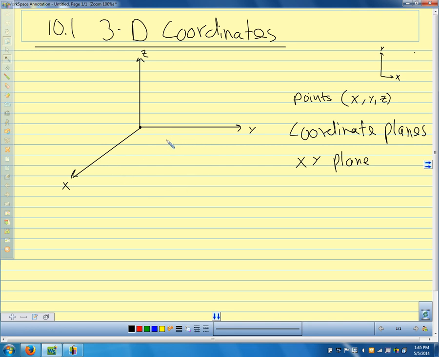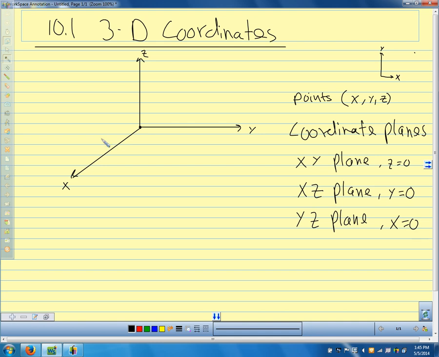On the xy plane, z is 0. And we have this vertical plane over here we call the xz plane. On the xz plane, y is 0. And then we have the yz plane, this vertical plane here. On the yz plane, x equals 0. So those are our coordinate planes.